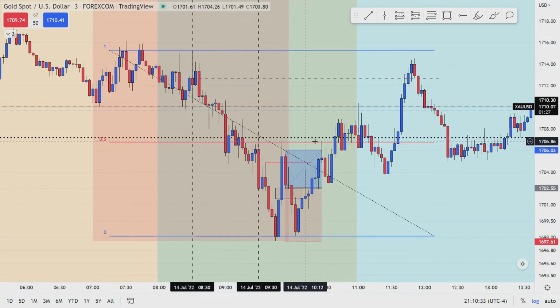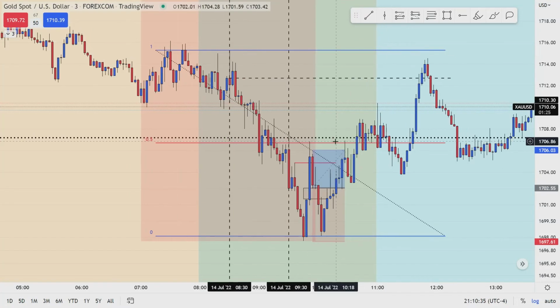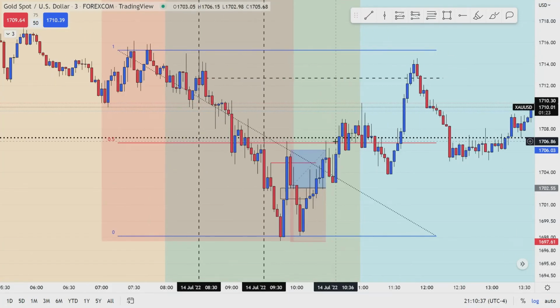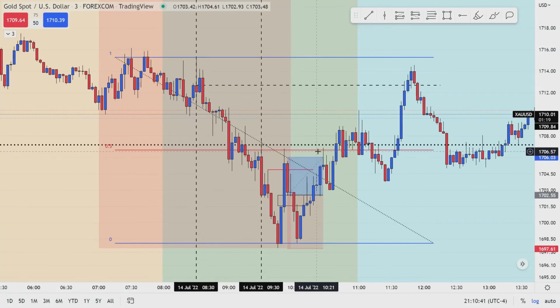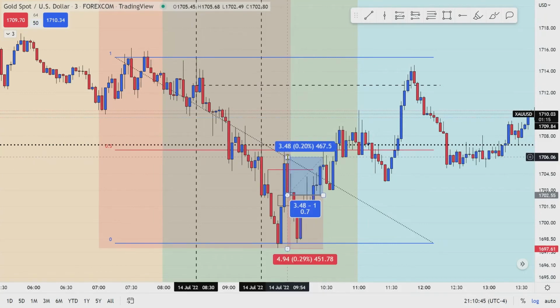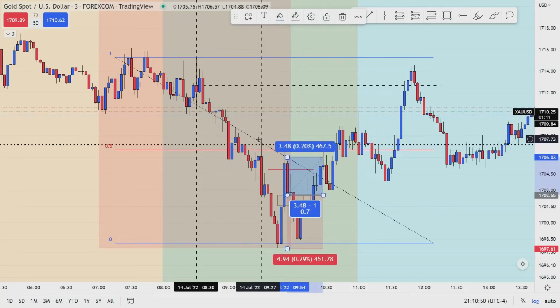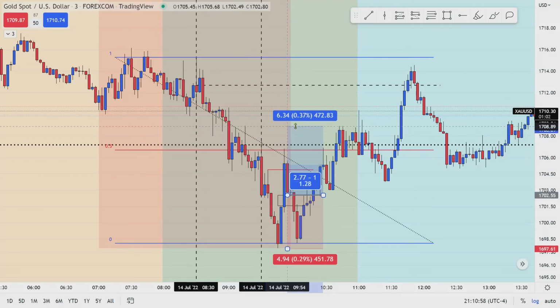So equilibrium, which is also around that price where that low was taken out. So this right here could have been an initial target. So we can see most likely above a high near the equilibrium price. So this high right here could have been the initial target.